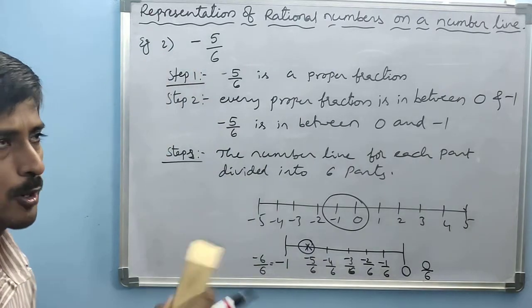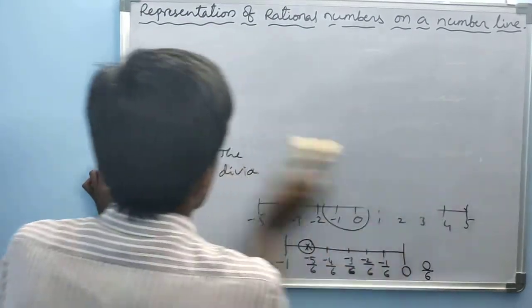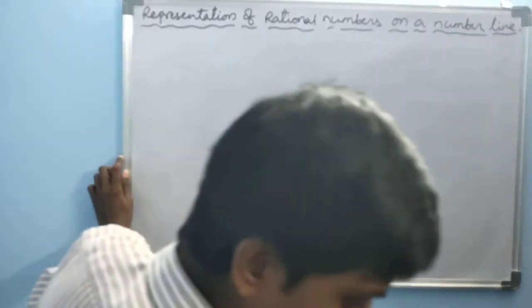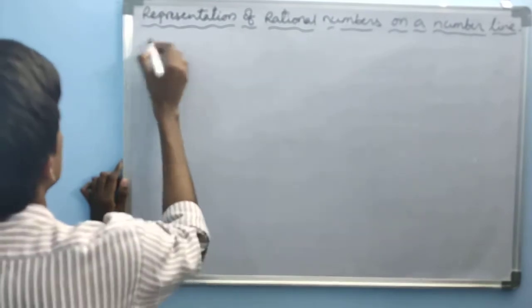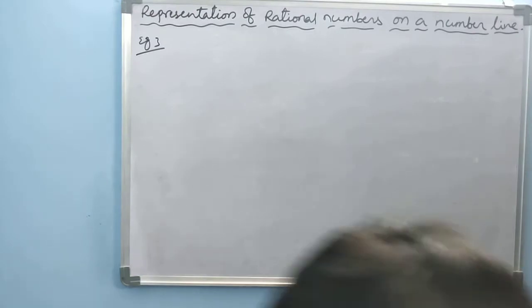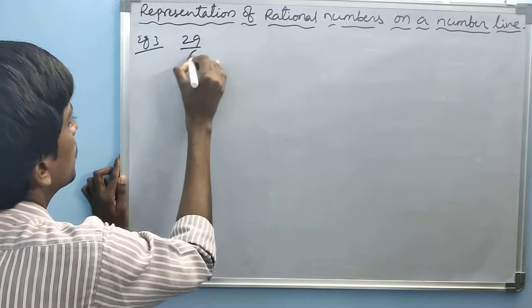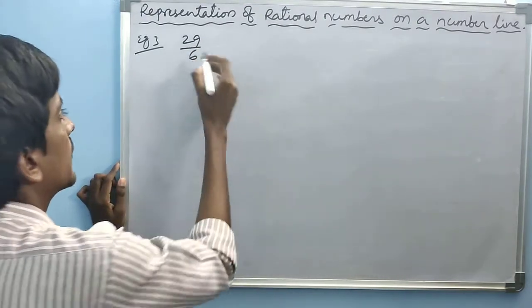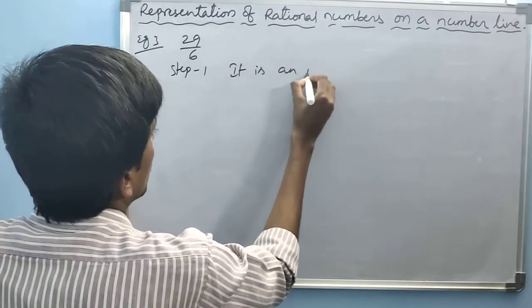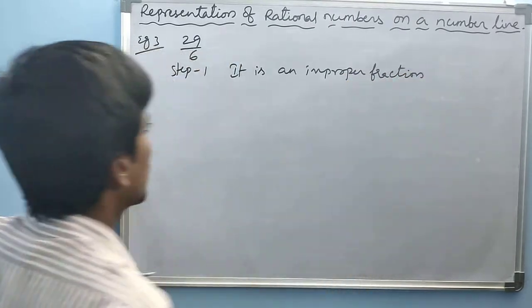Okay. Now, proper fractions are done. I will give one more example for an improper fraction. Example 3: 29 by 6. First, step 1. It is an improper fraction.